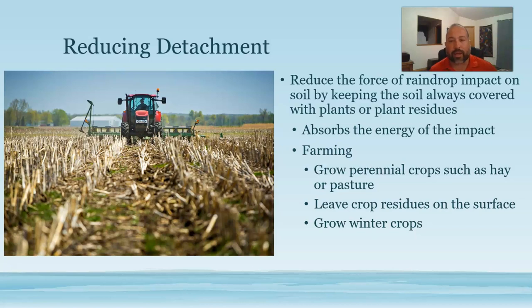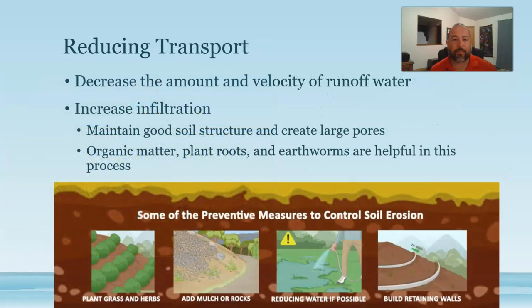And then growing winter crops once your summer crops are done, and when the winter crops are done, we're back to the summer crops, or maybe you're a winter, spring, and a summer crop kind of grower. But the idea that we always have something on the surface is going to prevent detachment from happening.